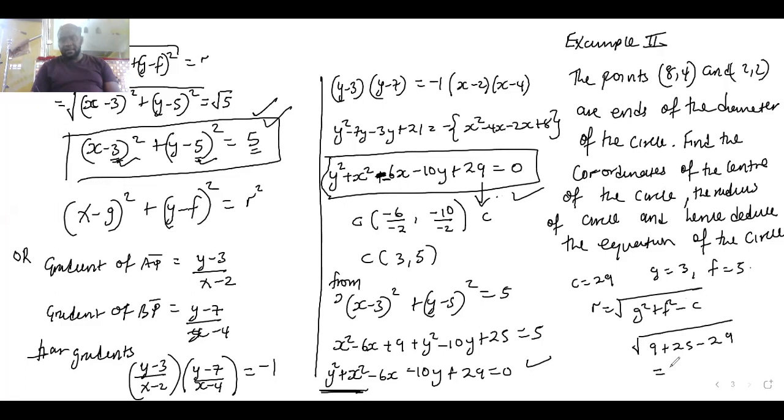What answer do we get? We get root of 5. So it's the same. So that's the relevance of this idea I showed you. So please try out that example. Give me the answers, then I advance to other examples.